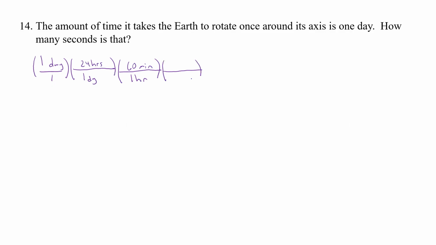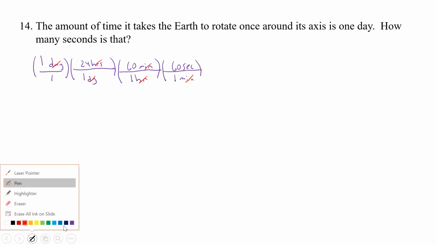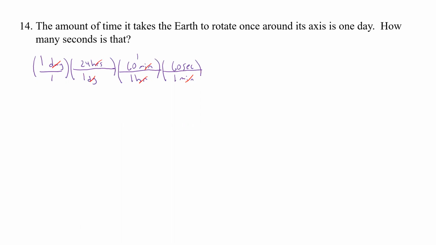And then we can say 1 minute is 60 seconds. And we should have all our conversions done. So we've gone from days to hours, hours to minutes, and then minutes to seconds. And so that looks like we should have everything needed. And so again, that's 3,600. And then we just have to take that times 24.